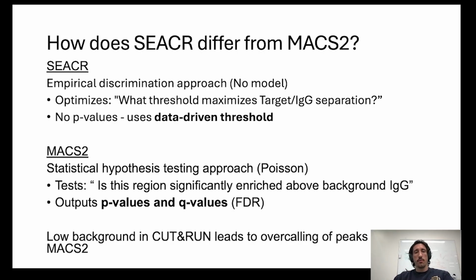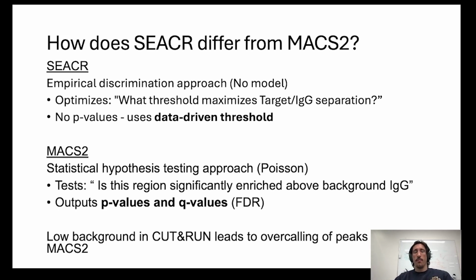It assumes that your reads are following a Poisson distribution and runs a hypothesis test for all particular regions. And what it's asking is, is this region significantly enriched above the background IgG? And if yes, it'll output a p-value under 0.05 or 0.01, or in this case, a q-value in FDR, and then boom, that's called a peak.